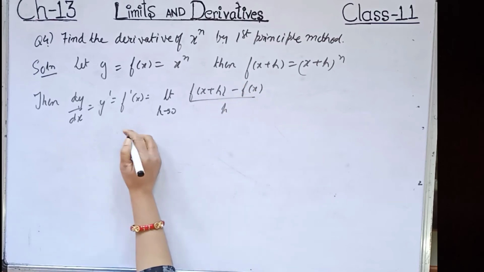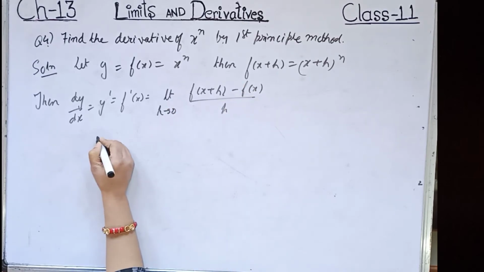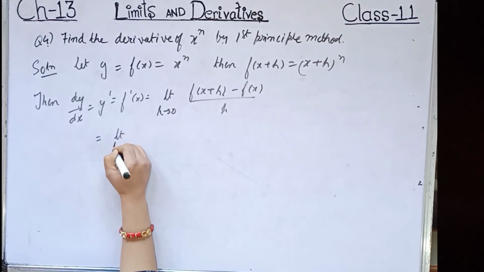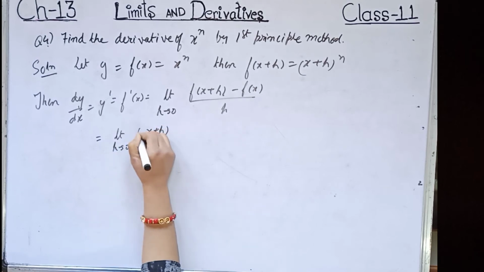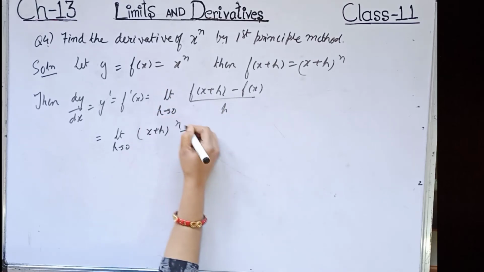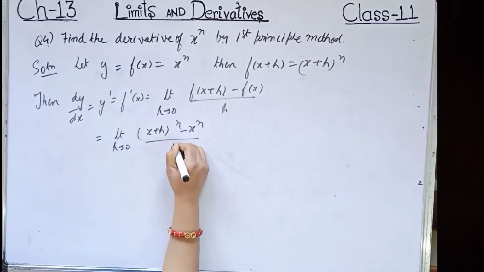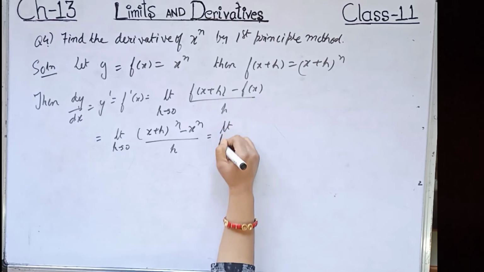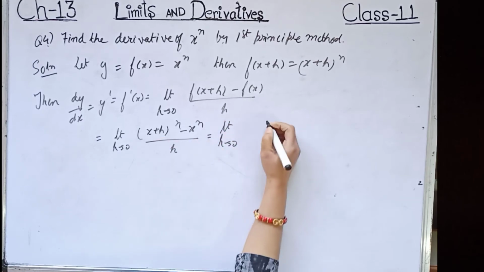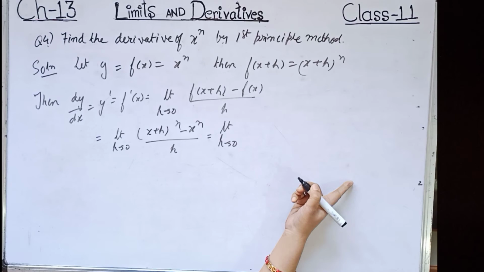This we are using frequently in all the sums. Equals limit h tending to 0, where f(x plus h) is (x plus h) power n and f(x) is x power n, divided by h. So this we can write as limit h tending to 0. Let us use the binomial expansion which we have understood right now.